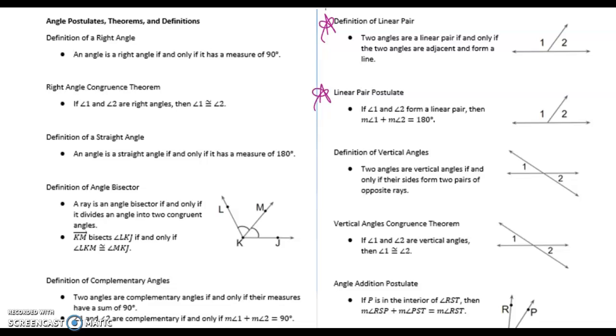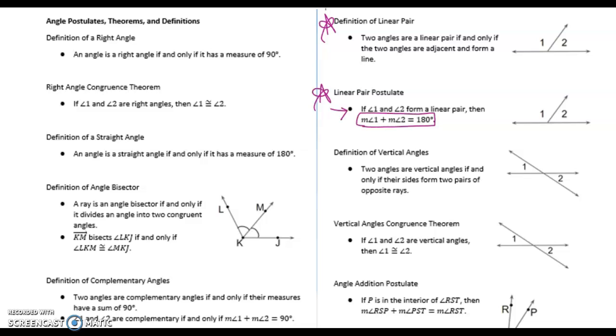So what we can do here is just kind of compare what we have in our facts. So if you look at your worksheet, it says the two angles are a linear pair. All right, and so right here, angle 1 and angle 2 form a linear pair. Then you can say that measure of angle 1 plus measure of angle 2 equals 180.